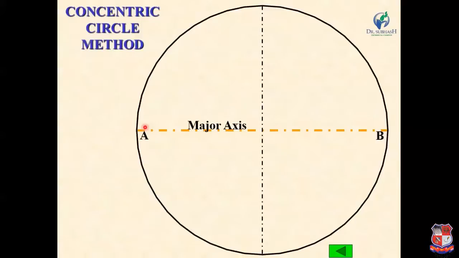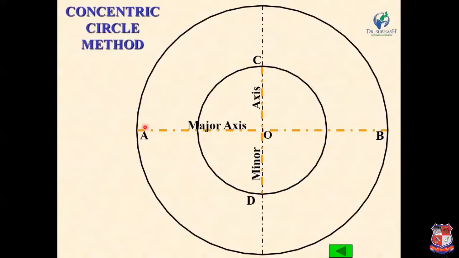Now draw a minor axis CD of 70 mm length, and from the same center draw a circle of diameter 70 mm, a circle of diameter equal to the minor axis. The center of both circles is O, so the circles are concentric at this point O. That is why this method is known as the concentric circle method.